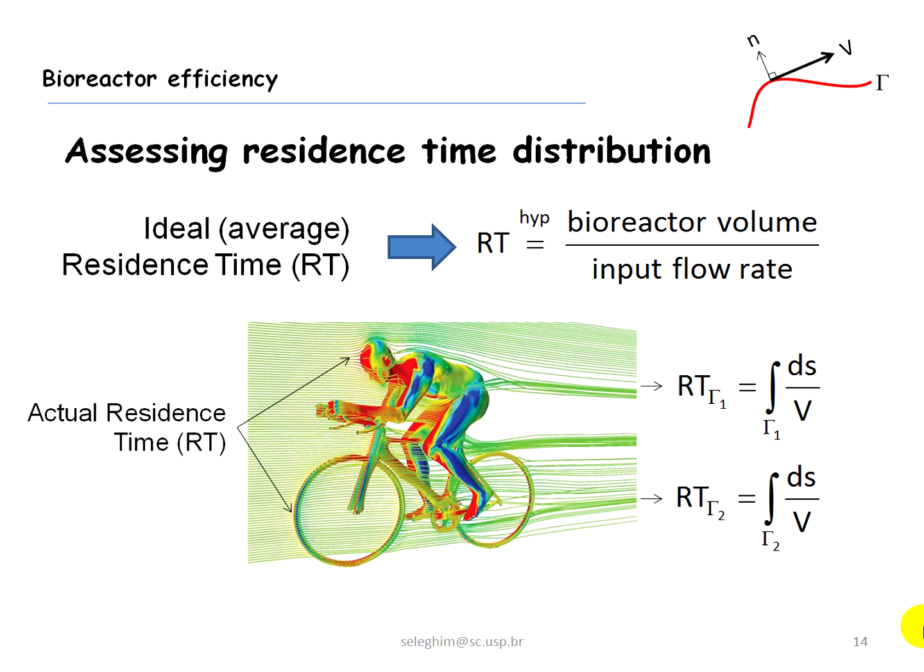So it's imposed by nature, let's say. And what we usually do is simply calculate a theoretical residence time by dividing the bioreactor volume by the input flow rate. One of the problems is that this residence time has nothing to do with the actual, not even the average, residence time. I'm going to show you.